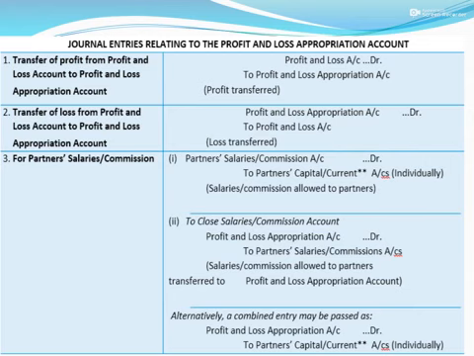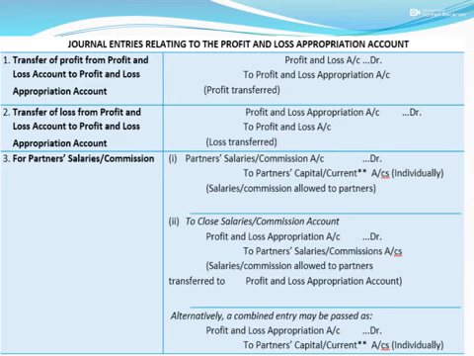Now we come to the next topic, journal entries regarding the profit and loss appropriation account. First is transfer of profit from the profit and loss account to the profit and loss appropriation account.